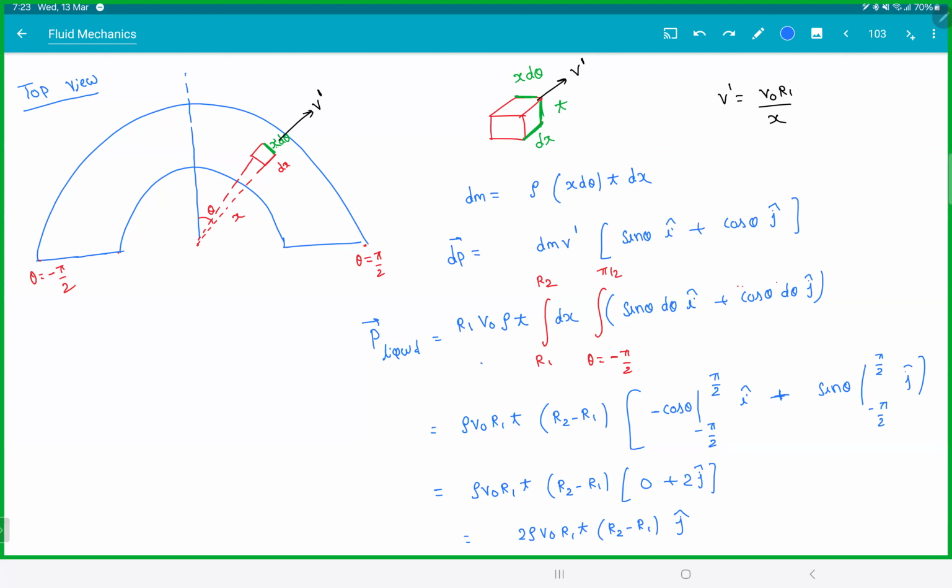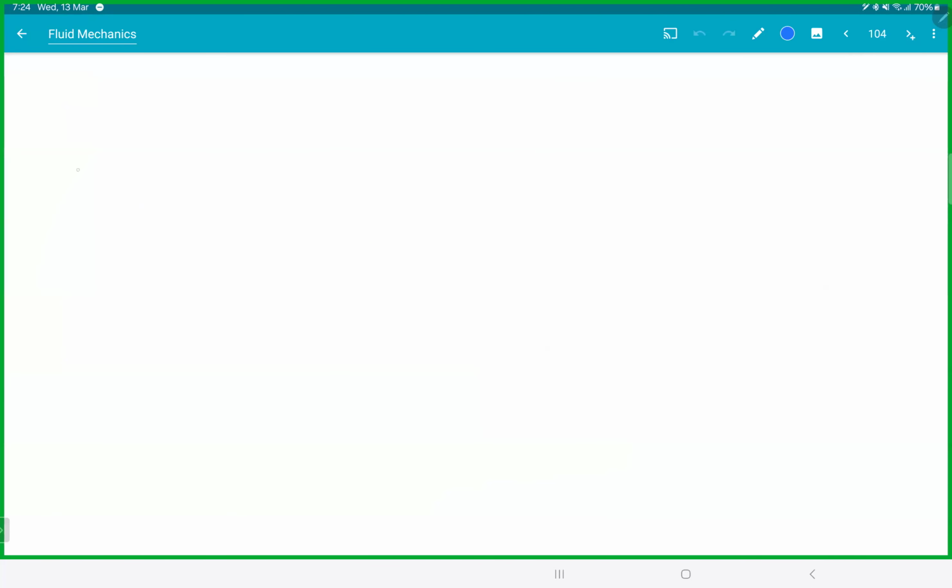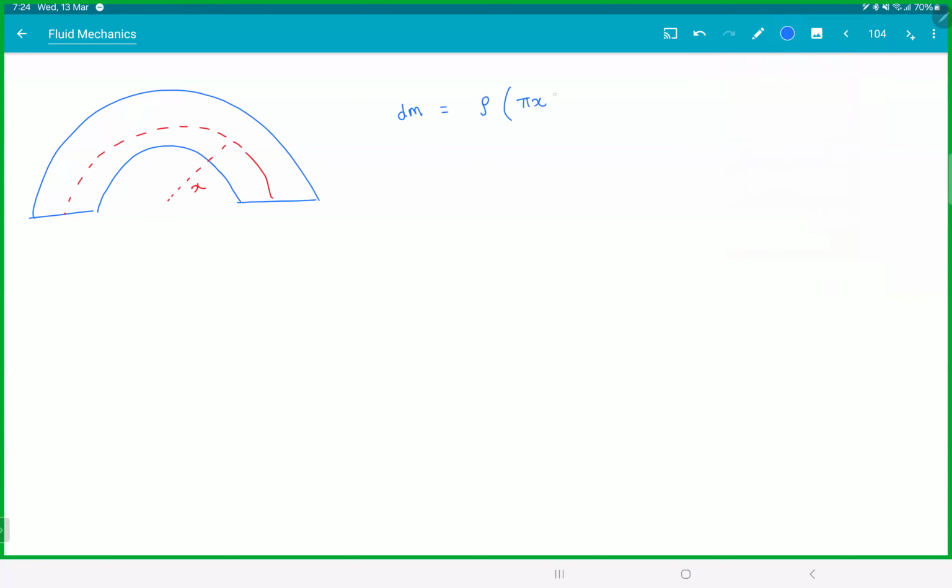How to find the kinetic energy? It will come in terms of rho and ln. If you take a strip like this, dm will be rho pi x times thickness dx.